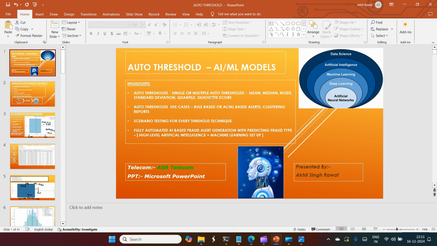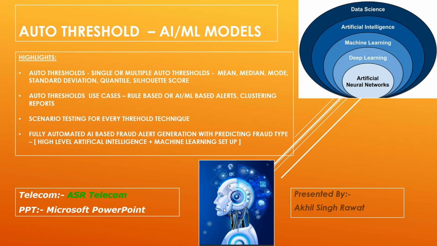Silhouette score, we will see that in our clustering reports. So AI ML based alerts, auto threshold use cases have been covered. Clustering reports, I have done high level engineering. We will use the silhouette score to generate auto reports, and we will also have rule based alerts in which we will use these functions also.